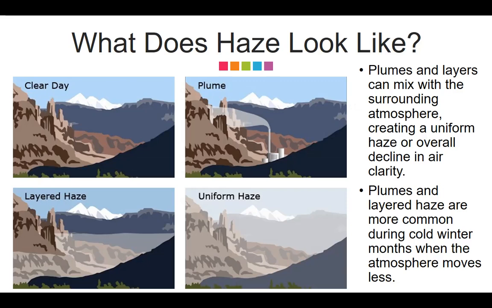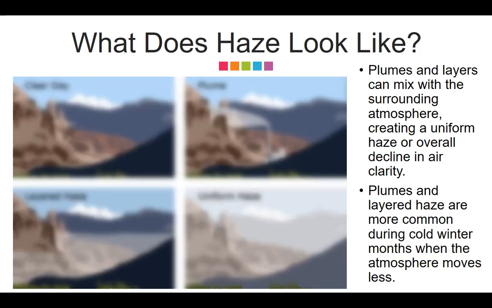Okay. So these are your four types that we'll look at: a clear day, plume, layered haze, and uniform haze. Recognizing that plumes and layers can mix with the surrounding atmosphere, creating a uniform haze or overall decline in air clarity. Plumes and layered haze are more common during cold winter months when the atmosphere moves less.